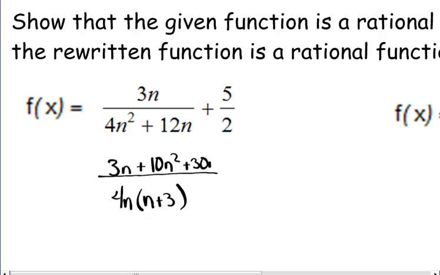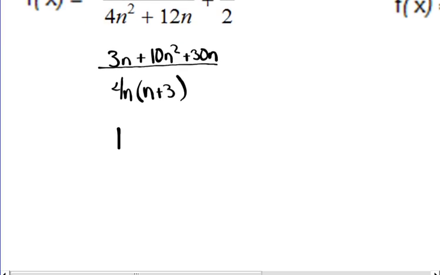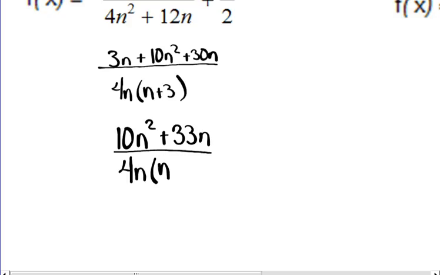There's an n on the end of that, isn't there? Yeah, there is. Okay, so now I need to combine like terms. So when I combine like terms, I get 10n squared plus 33n over 4n plus 3. So far, so good?